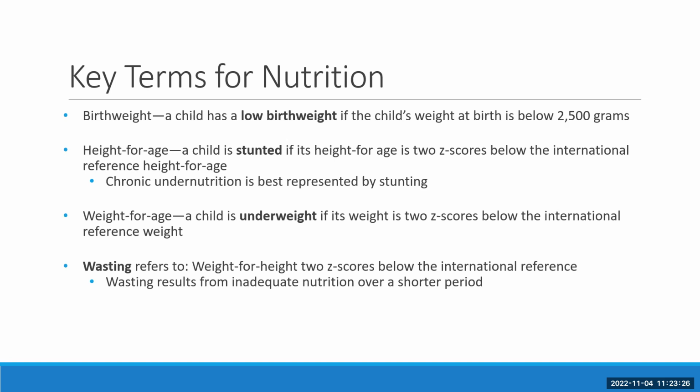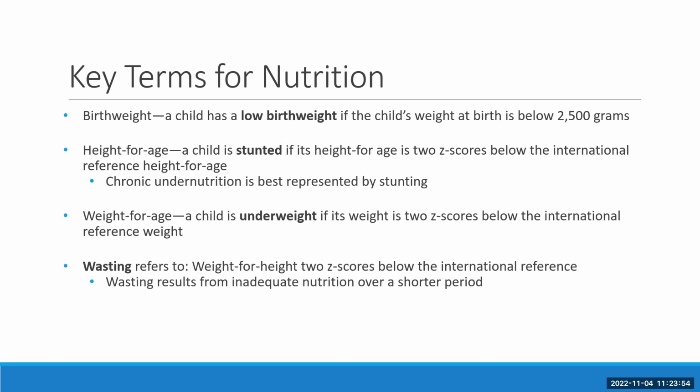We know that low birth weight is an important measure because it's tied to other health outcomes for children, but also developmental outcomes over the lifespan of a child. So low birth weight is something that we measure quite a bit in global health and is an indicator of good nutrition in pregnancy and a lot of antenatal care and a lot of things that are actually tied to maternal health.